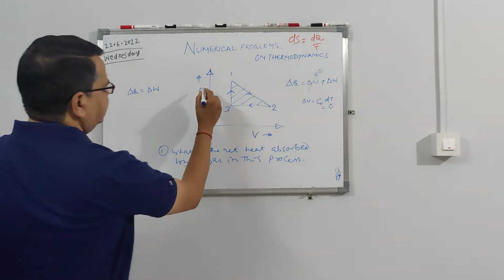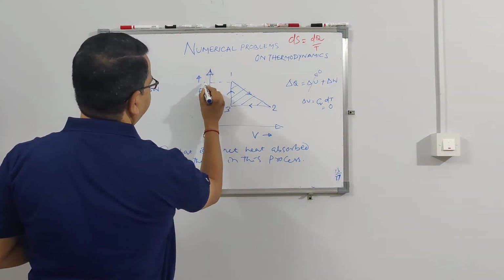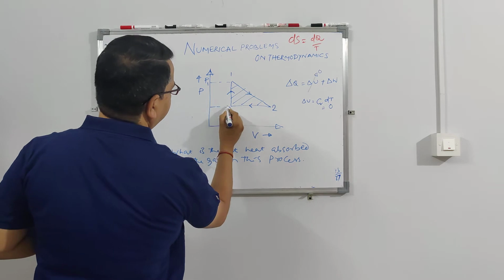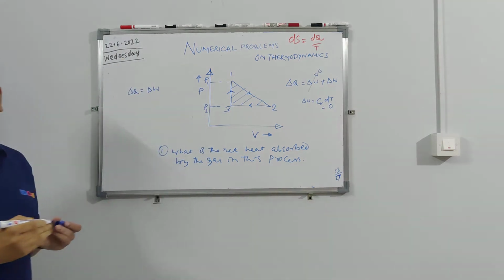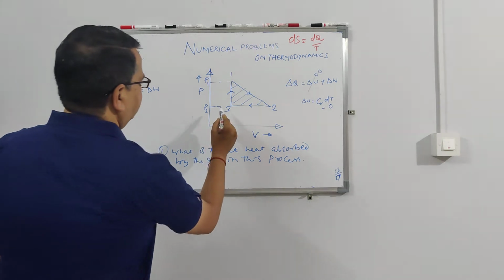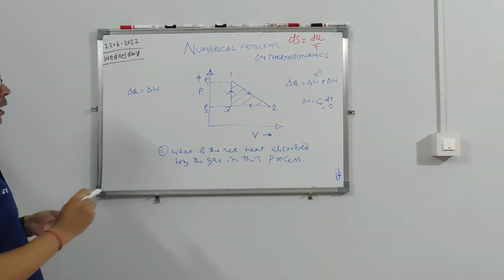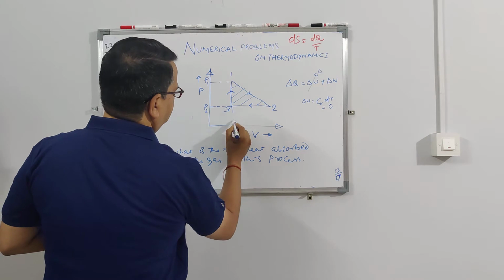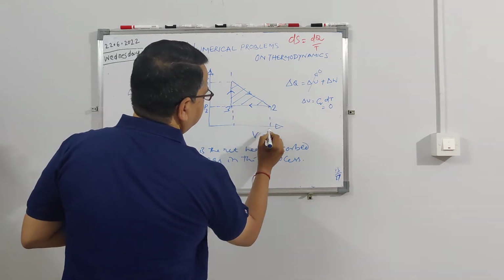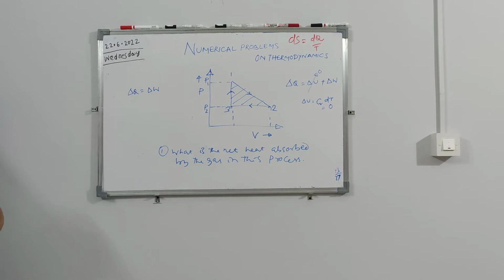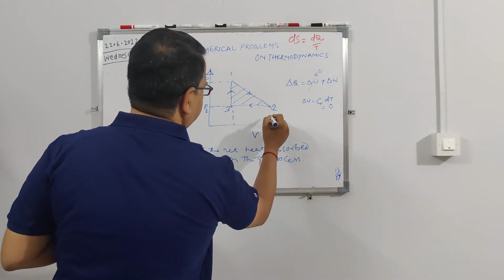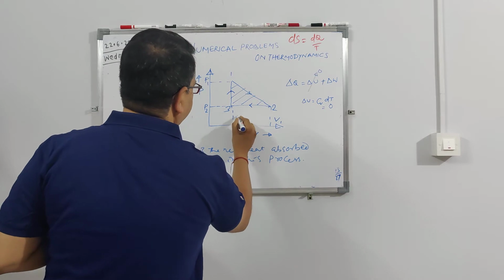Let us say this is my pressure P1 and this is my pressure P2. They have given it in the picture, this as V1, this as V2.